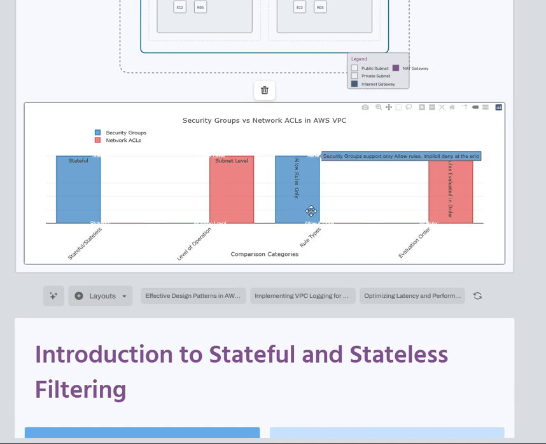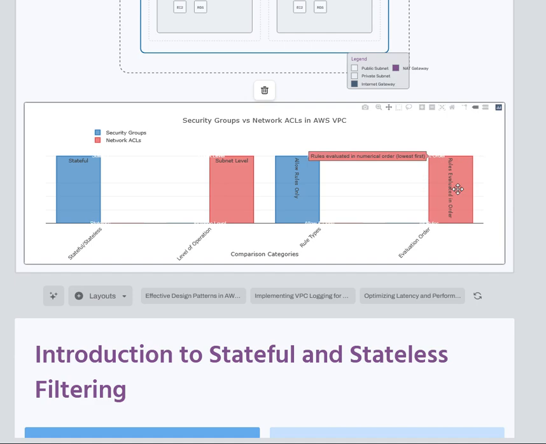Security groups only support allow rules, right? They only use allow rules. In terms of evaluation order, rules in ACLs are evaluated in numerical order, lowest first.